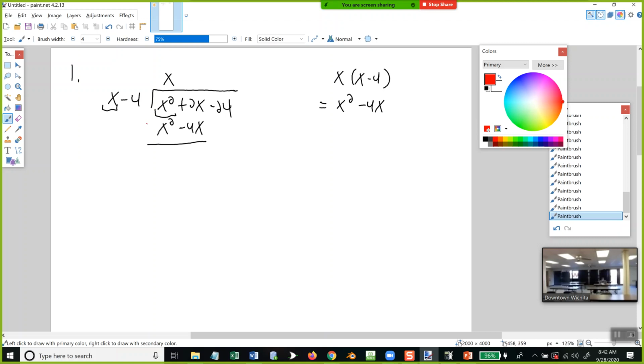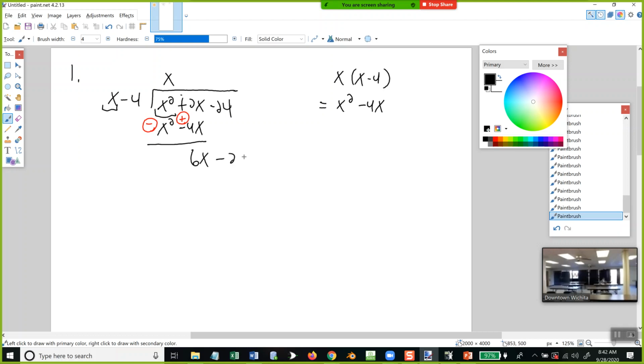This positive x squared becomes a negative. This negative 4x becomes a positive 4x. A lot of people do that step in their head, but since I can't show you steps in my head, I write it out, circle it like that. X squared minus x squared. 2x minus a negative 4x. Again, the negative becomes positive, so we got 2x plus 4x is 6x.